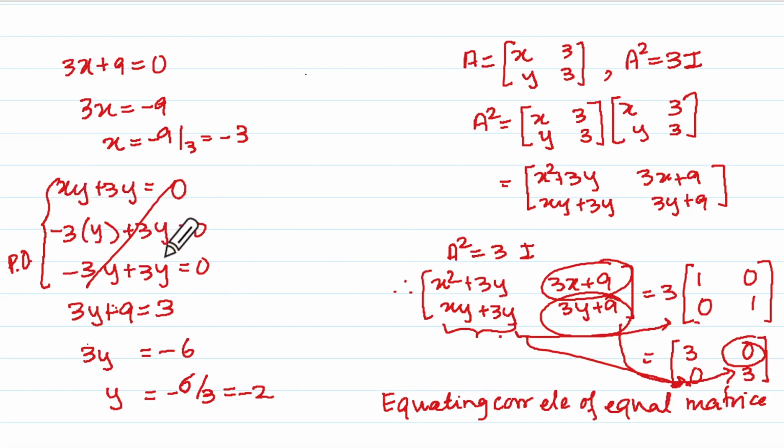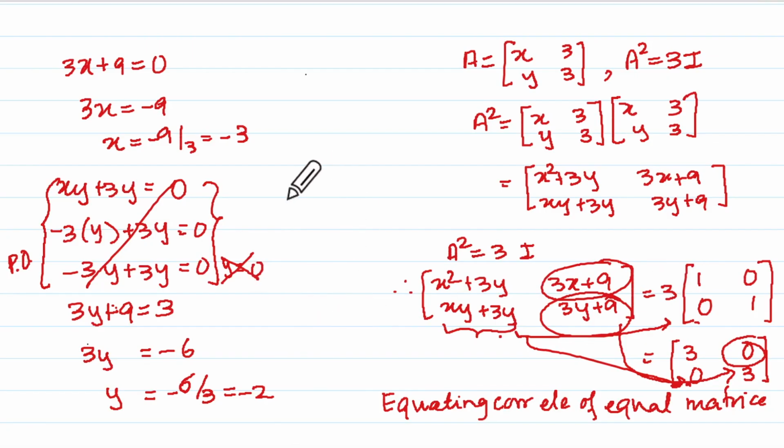It is good that we did this just now, so that if it happens to you during the exam, you will know that if this is getting cancelled, it doesn't mean that y is equal to 0. Some of you will say everything got cancelled, y equal to 0. Some of you may think like that. Is there something wrong in the matrix then? No. You take the other option.